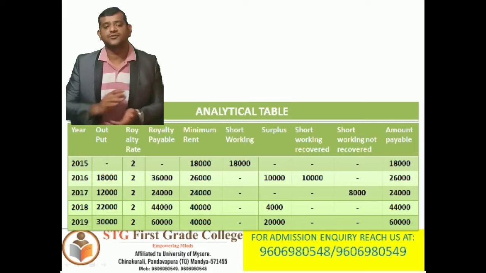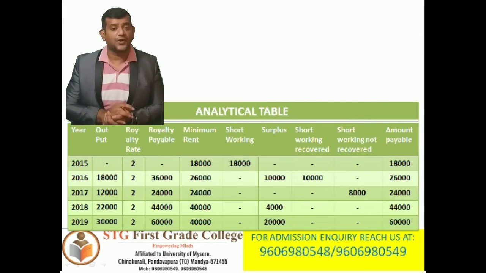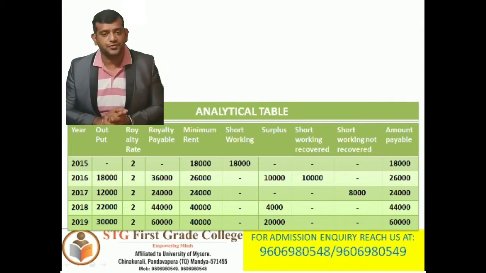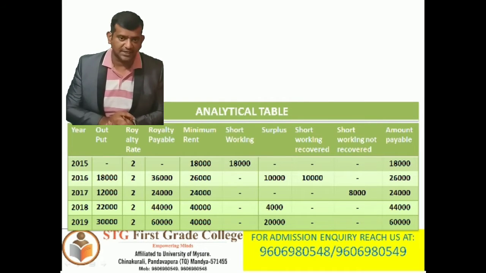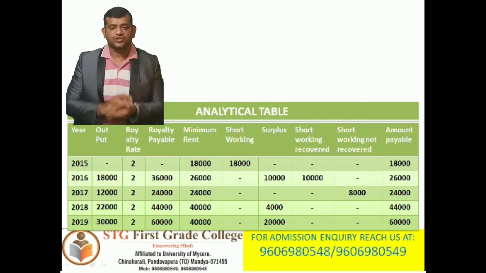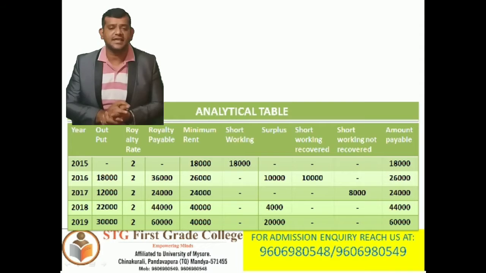So now in the year 2016, 18,000 is the output. Royalty rate is 2 rupees. So 18,000 into 2, 36,000 is the royalty payable, and minimum rent is 26,000 for the second year. So 36,000 is the greater part and the minimum rent is the lesser.